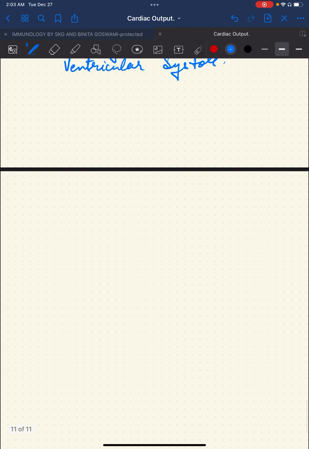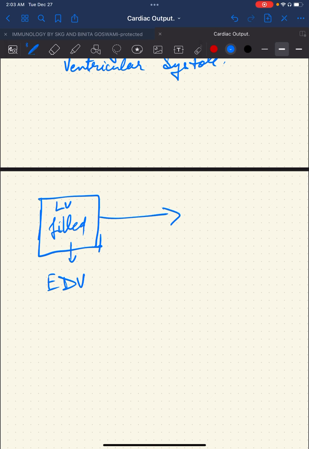Alright, now listen to me. Heart left ventricle is completely filled. Okay, that is, this is its EDV. Now it contracts and some amount of blood leaves the heart through aorta.